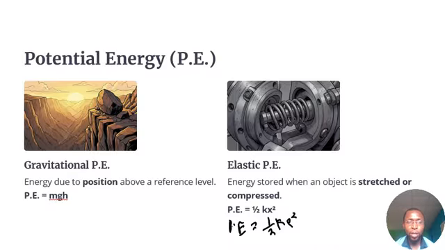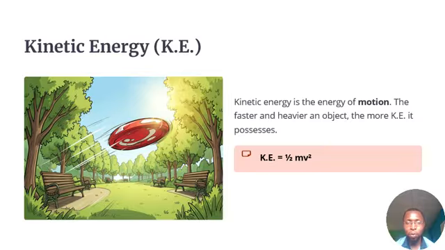Let's now talk about the other type of energy. It's called kinetic energy. Please note that kinetic energy and potential energy are both under mechanical energy. They are the two classes of mechanical energy. For potential, we have said it is of two types, the gravitational potential energy and the elastic. Now we have the kinetic energy.